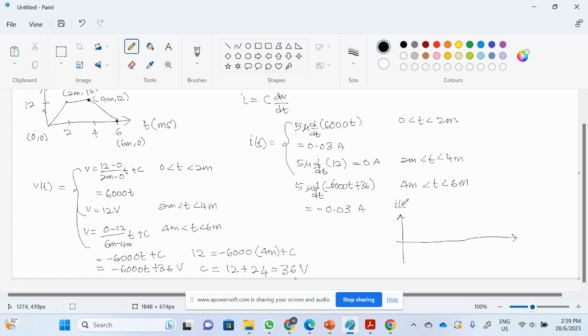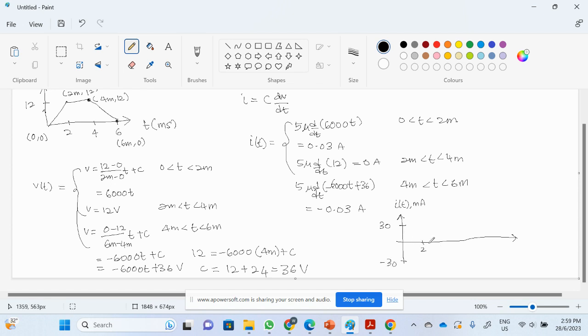This is I. So this one is depend on you. Whether you want to put it in ampere, then it is 0.03 for above and below a negative value over here. If you want to put it in milliampere, also can. For example, if it is in milli, so it's going to be 30 milliampere, right? And this one is negative 30.